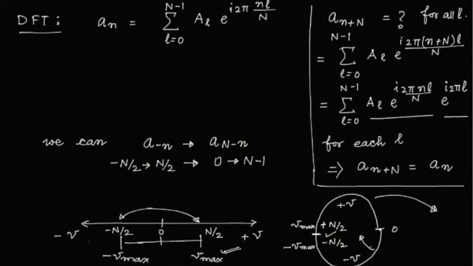So if I do that, remember n was going from minus N by 2 to plus N by 2, but now I have shifted my values in the frequencies, because it's periodic. Periodic means I call it 0 here or 0 here, doesn't matter. So I've just rotated my 0 somewhere else, and by doing that, I have folded my frequencies from 0 to N minus 1.